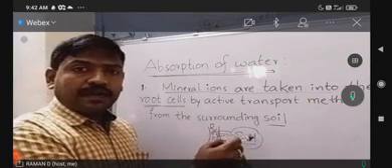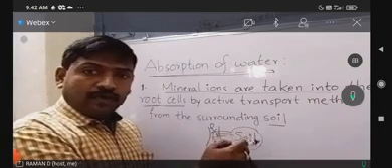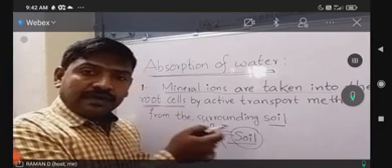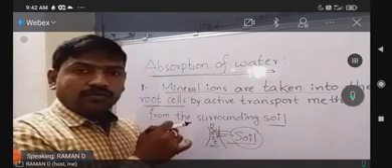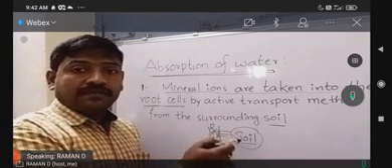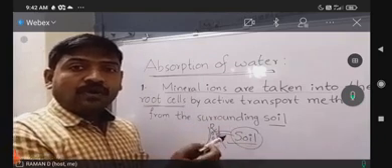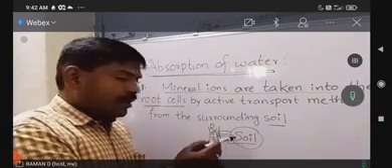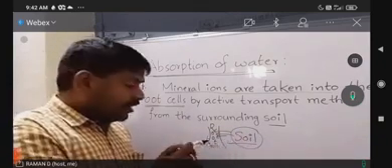Why in proportion to the mineral ions is water concentration more in the soil? Because whatever the mineral ions were there, they were already taken into the root cells. So very few mineral ions are there, whereas water is the same.